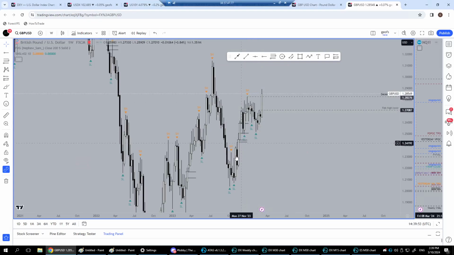Weekly is consolidation. No clear trend, really. And we'll just note the weekly open, high, low, close, all that stuff.